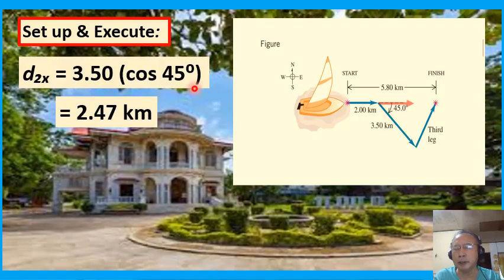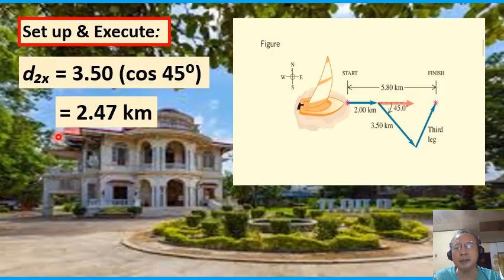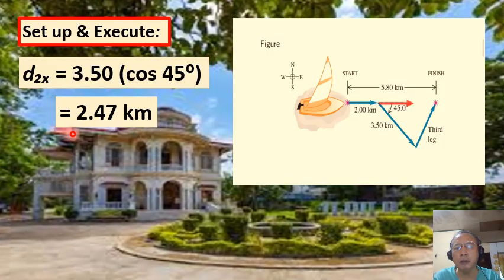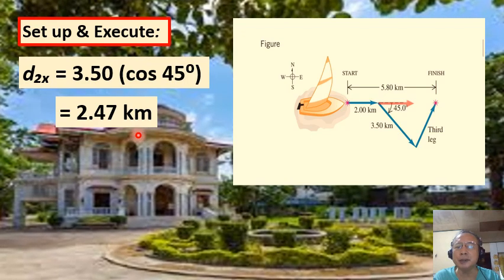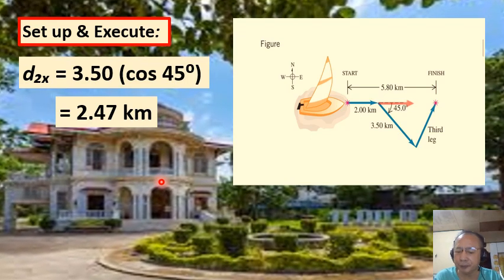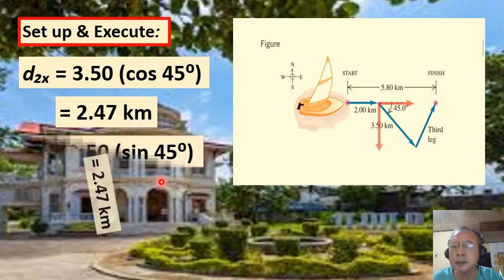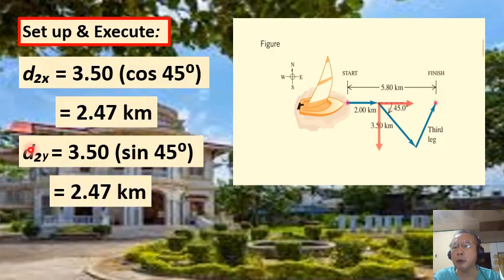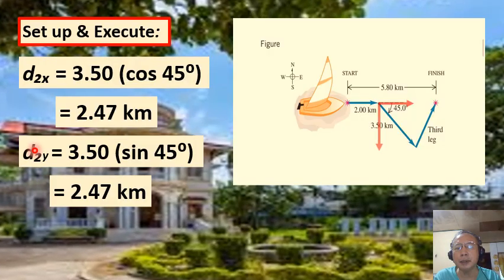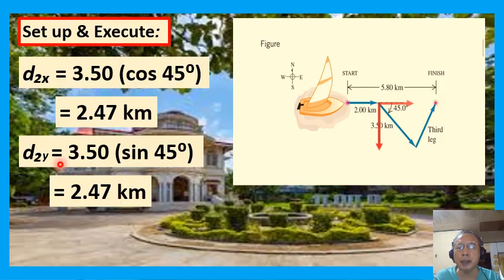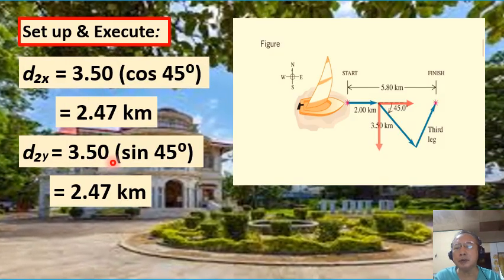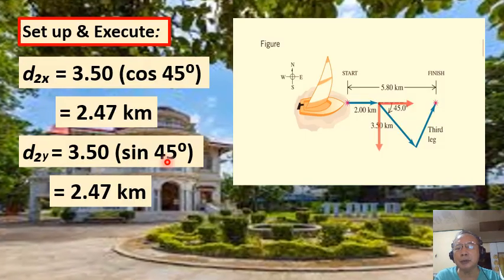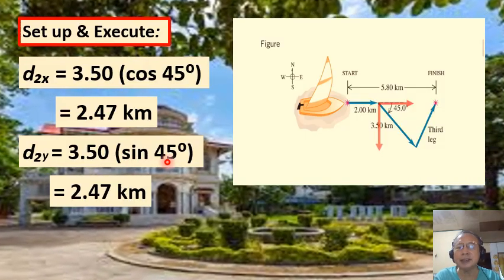With the help of your calculator, we get the magnitude of the x component of d2 equal to 2.47 kilometers. And likewise, its y component, labeled here as d sub 2y, is the product of the magnitude of d2 and the sine value of 45 degrees.